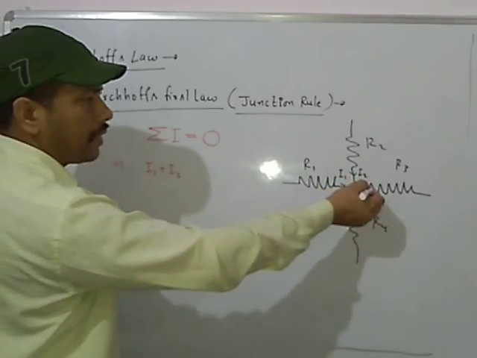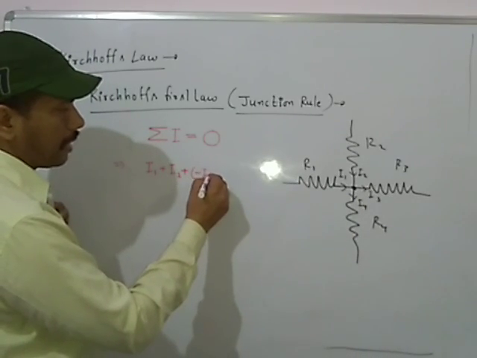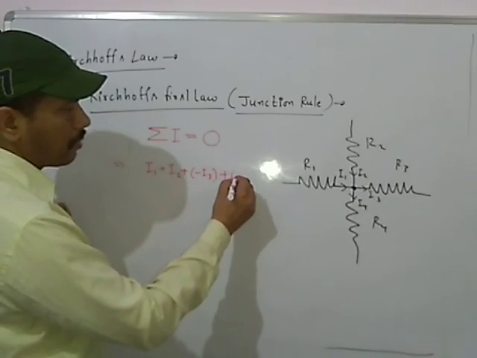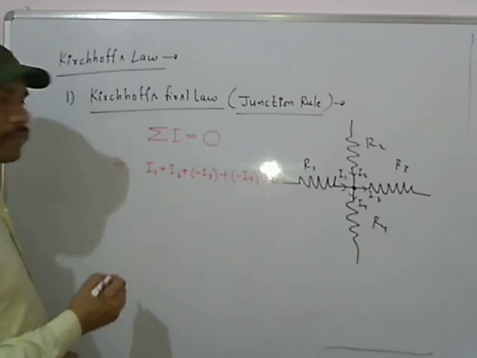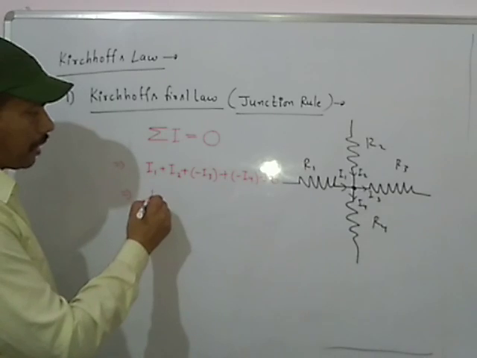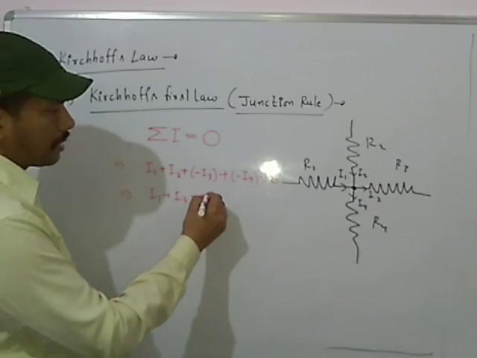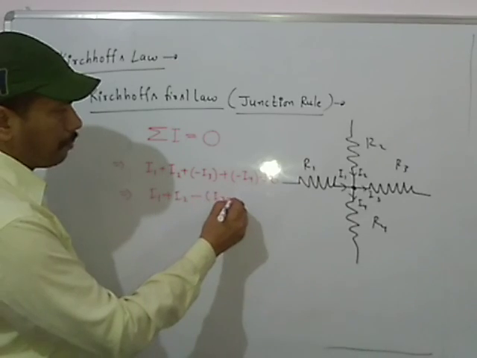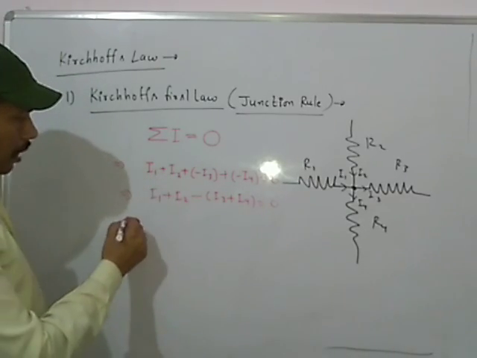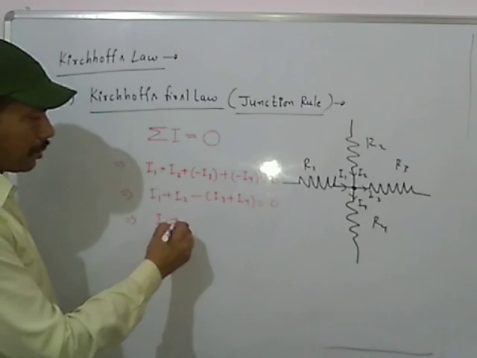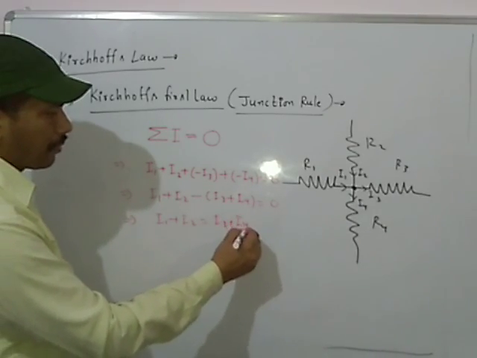Then the current leaving the junction is taken as negative, so plus I1 plus I2 minus I3 minus I4 is equal to 0. After simplification, I1 plus I2 is equal to I3 plus I4.